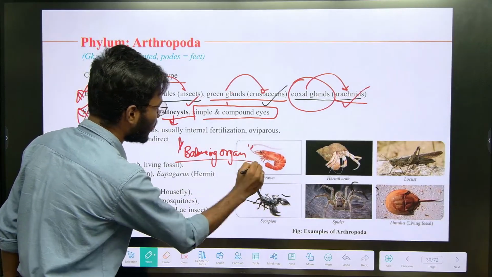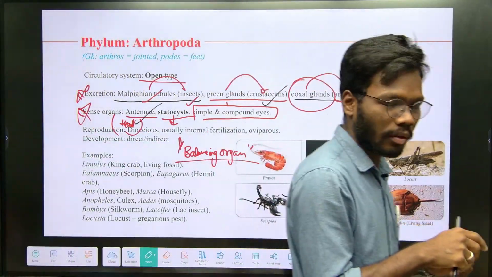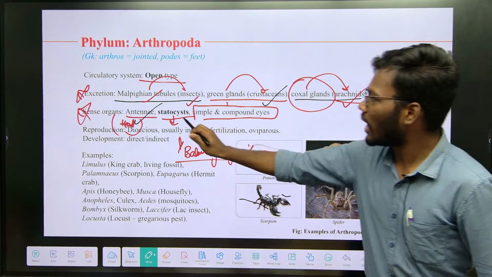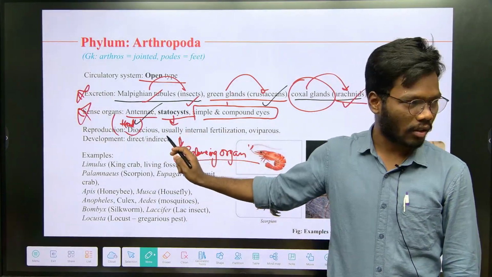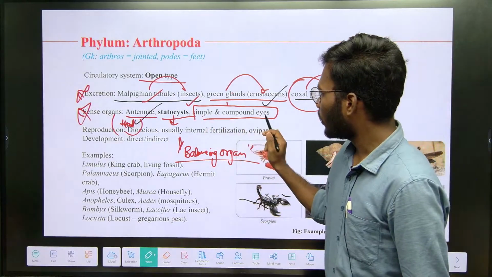Whenever the organism is in water, swimming, it has to balance according to the water currents. For that, the statocyst is the balancing organ. And then there are simple and compound eyes.